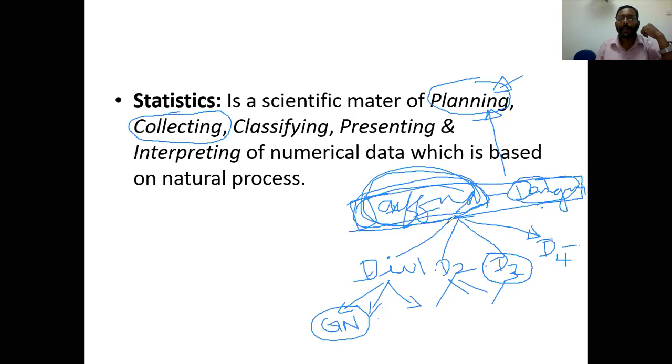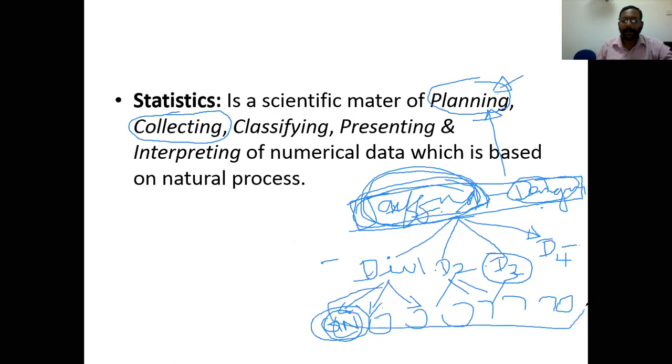Now, what I need to do as sampling is get information from this GN division, this GN division, this GN division, isn't it? I take all the information from all the divisions. So that is planning.